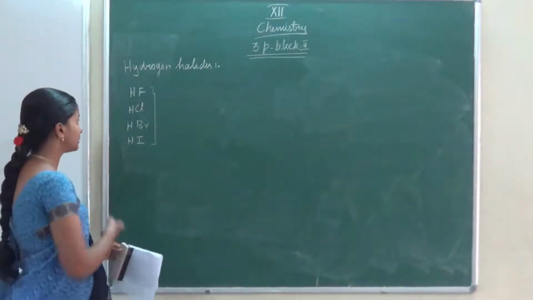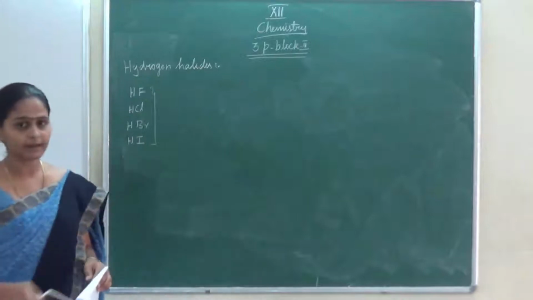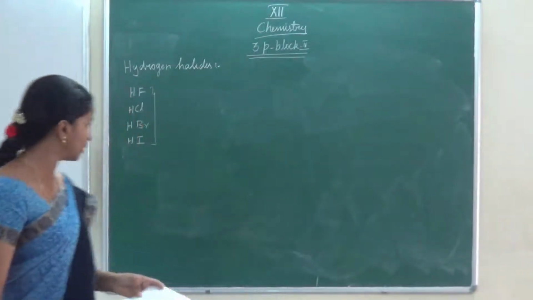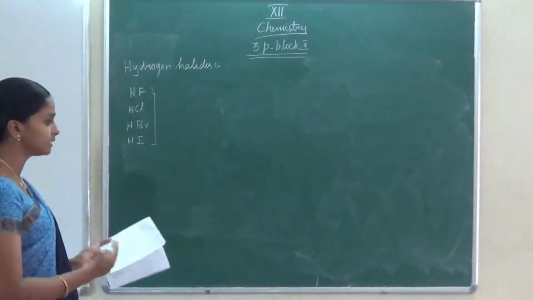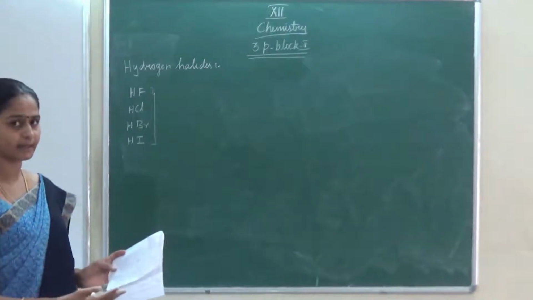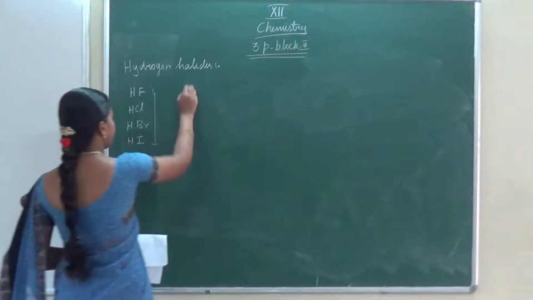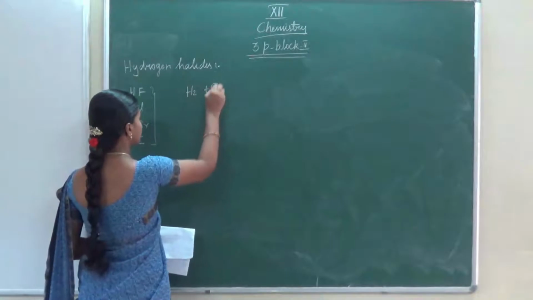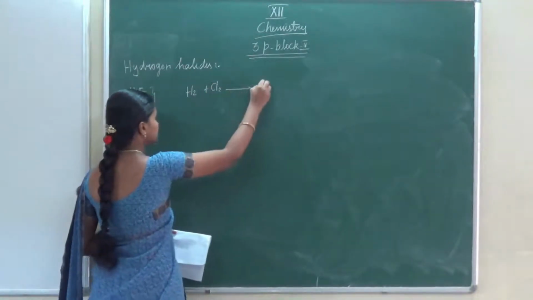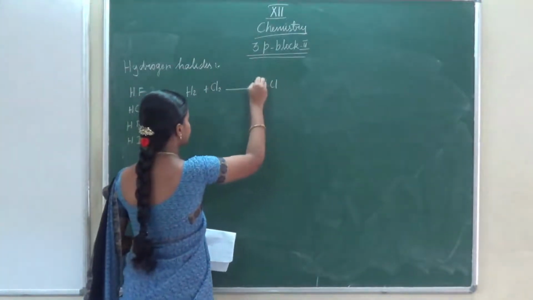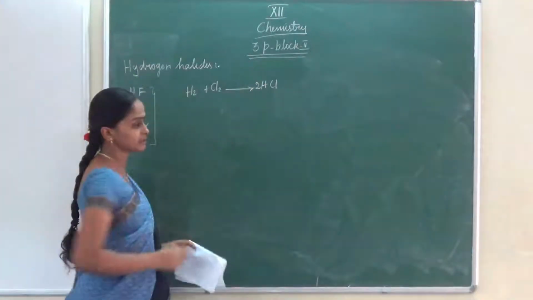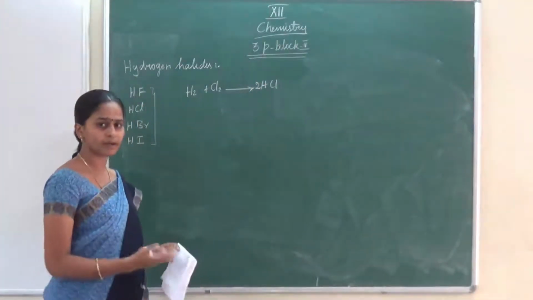Now, direct combination of hydrogen and the halogen leads to the formation of hydrogen halides. For example, hydrogen reacts with chlorine and produces hydrochloric acid, HCl. The direct combination leads to the formation of hydrogen halides.